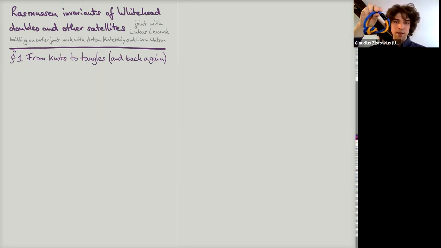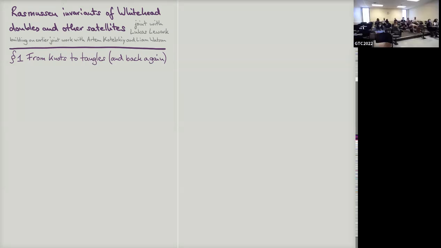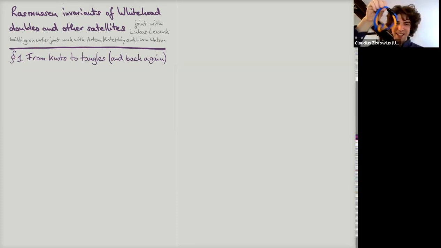This would give me a different two-component link. How could I distinguish those? Adding a single twist, how can I distinguish these two links? Linking number. Very good. So the linking number changes by 1, and in particular, that tells us that by adding a sufficient number of twists, we can achieve that this closure has linking number 0.